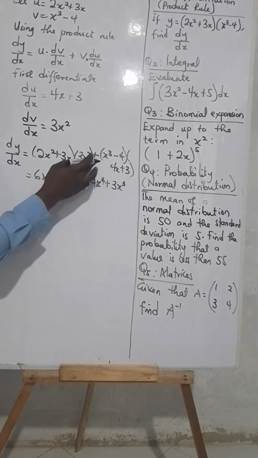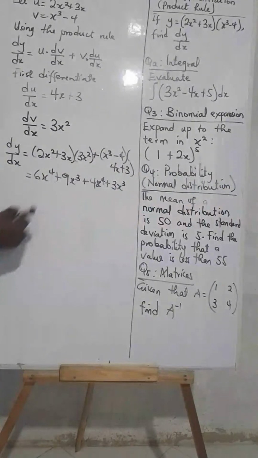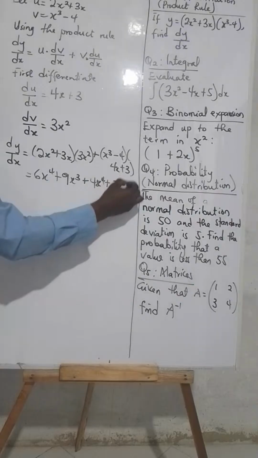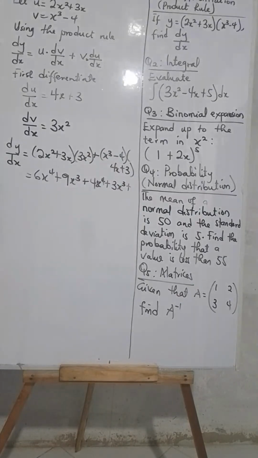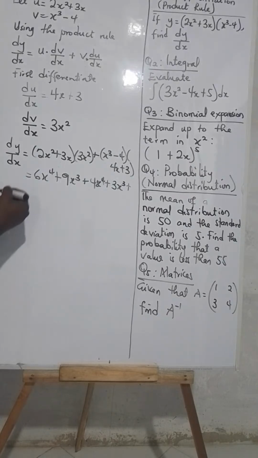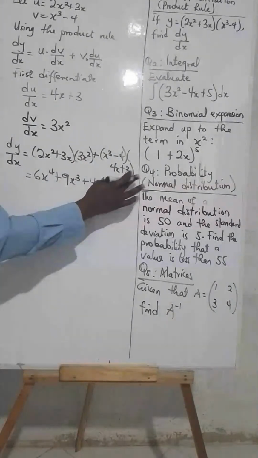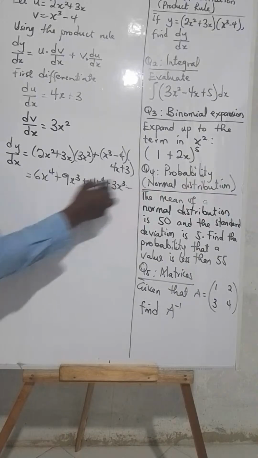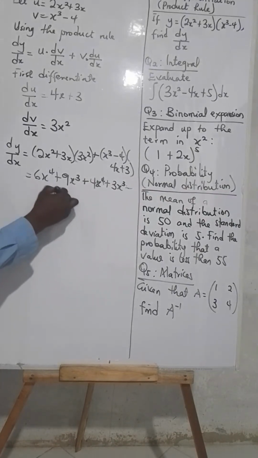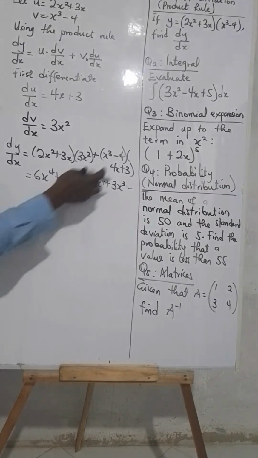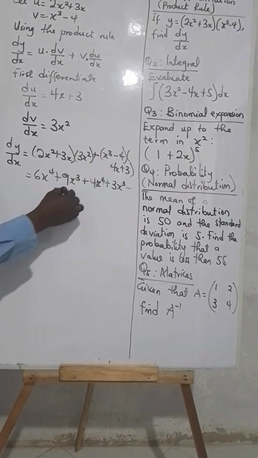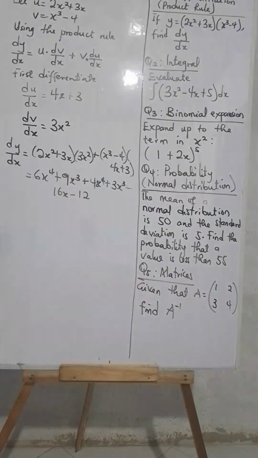Then we use minus 4 by 4x, that will give us minus 16x. Then minus 4 by 3, that is minus 12.